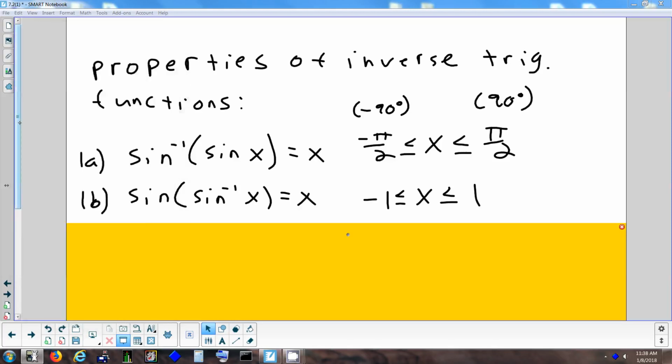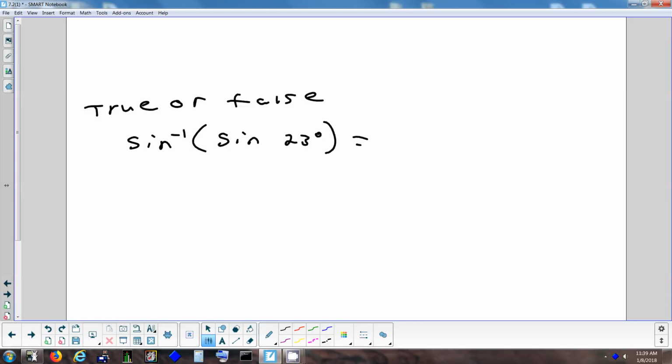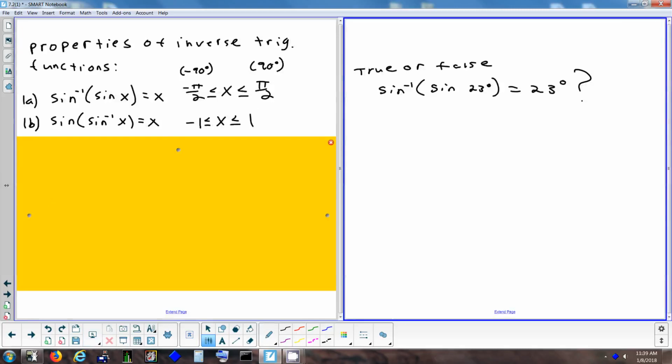All right, so the kind of question you might see is something like this. True or false? The inverse sine of the sine of 23 degrees equals 23 degrees. Okay. Step 1 is to match it up with which formula? Inverse is on the outside.